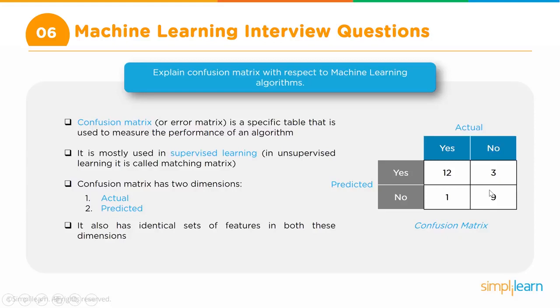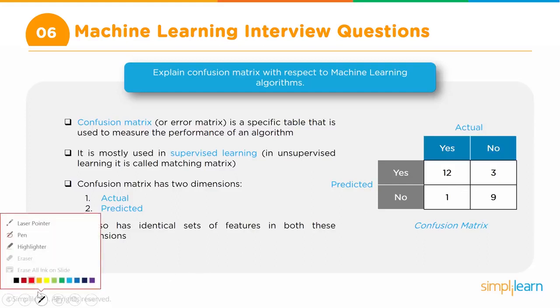Now, how do you calculate the accuracy itself? It is a very simple mathematical calculation. You take the sum of the diagonals, in this case 9 plus 12, 21, and divide it by the total. Let me take a pen.